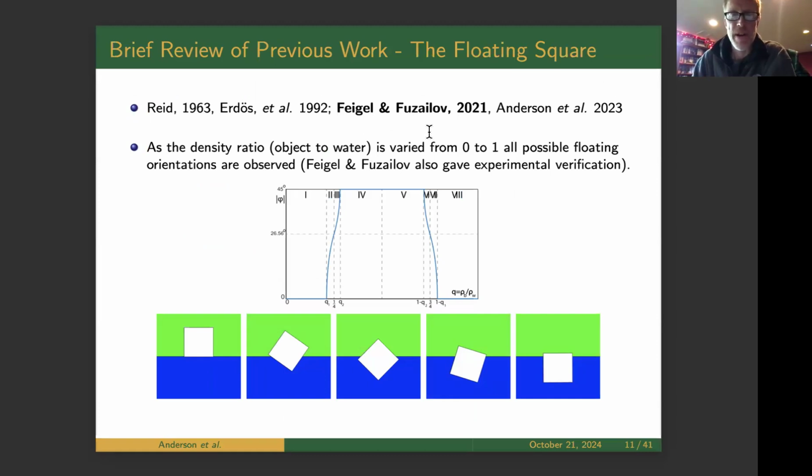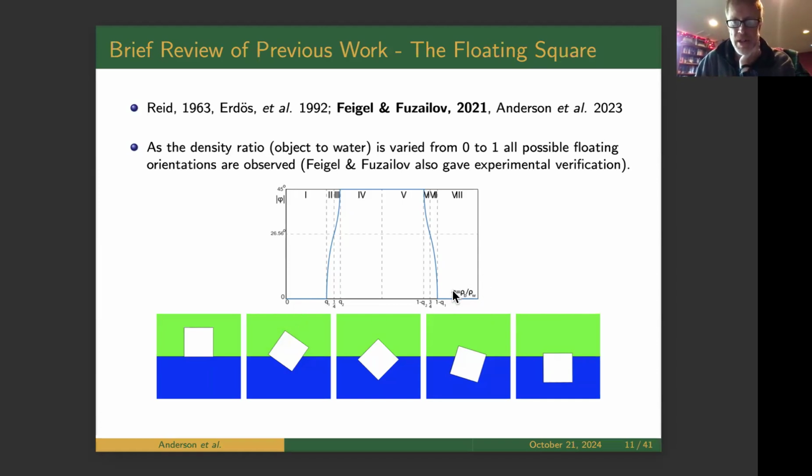This group, Feigl and Fusilev, in 2021 had a nice set of calculations and experiments that showed what can happen with just a simple shape of a square. So this graph shows, on the horizontal, the density ratio, from 0 to 1.